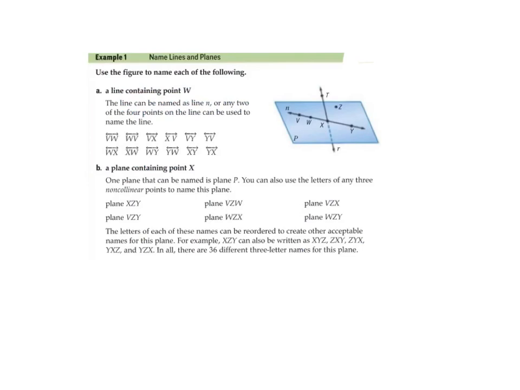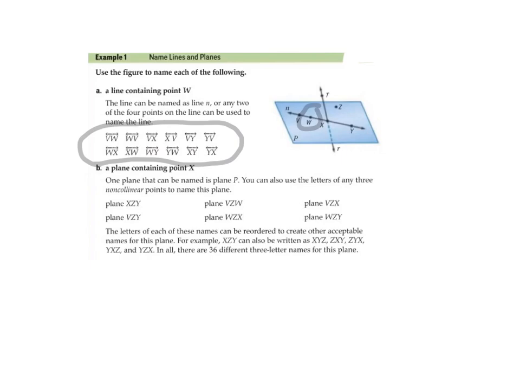As you can see from example 1, it's asking you to look at the diagram and come up with a line that contains point W. Well, here's W, so you can see where it is. Now, every letter on that line you can use with W, or you don't have to use W. So for instance, you've got 4 points on the line: V, W, X and Y. You're going to come up with 12 different scenarios, starting with VW and WV, we can work it backwards.